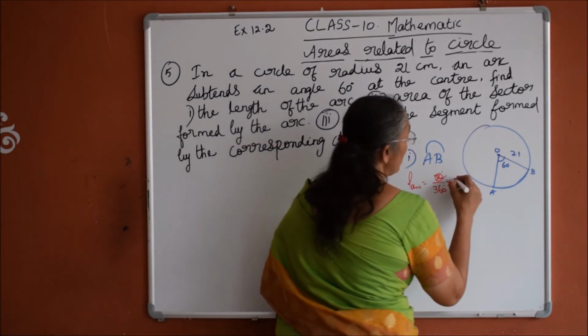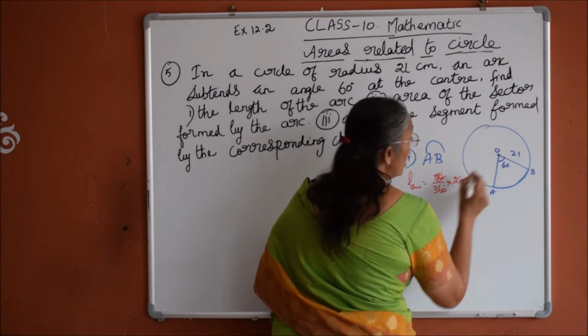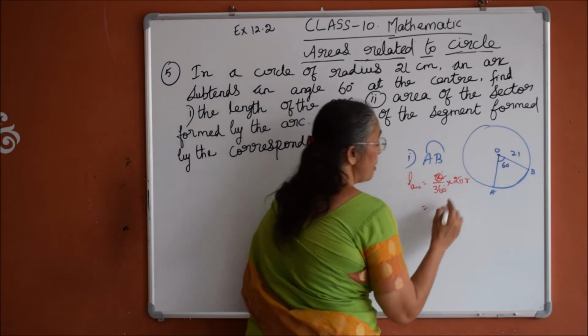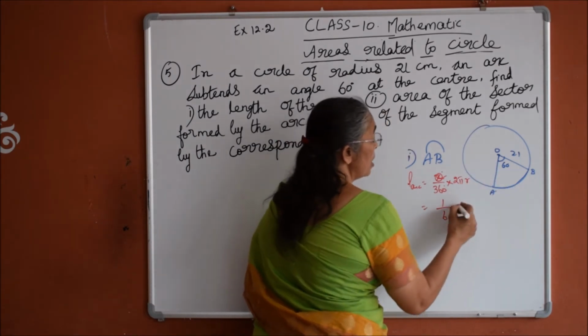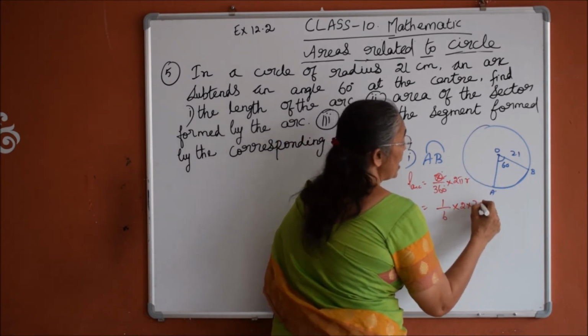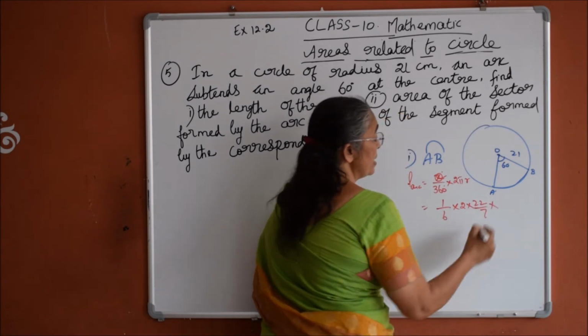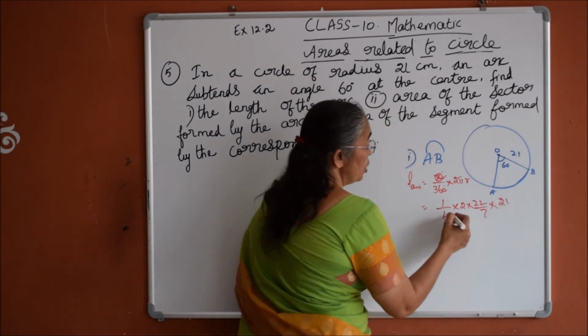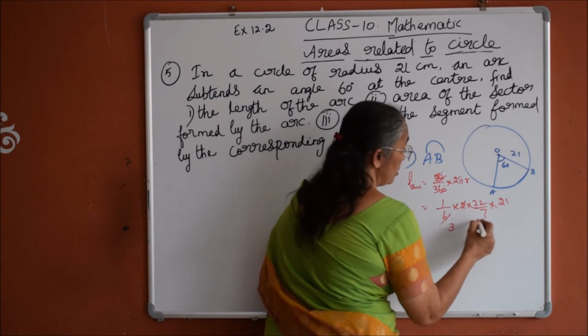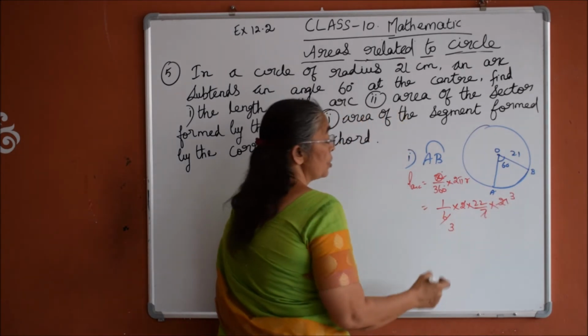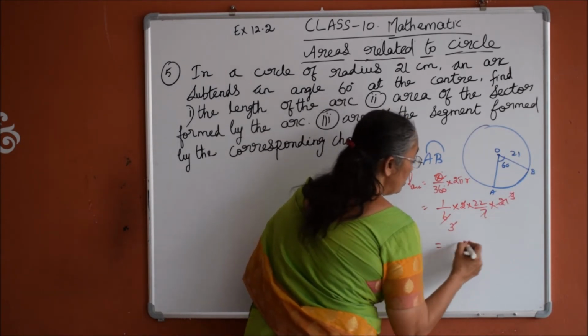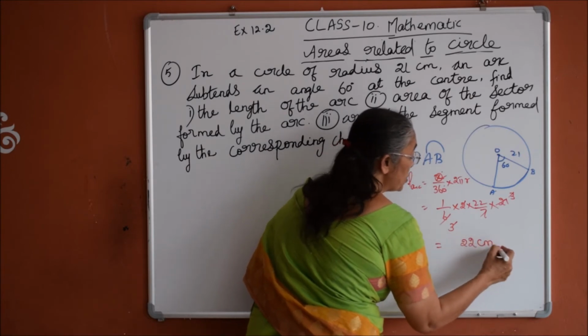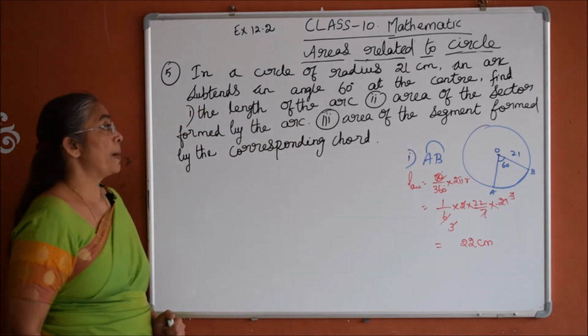Here theta is 60, 60 by 360 is 1 by 6, of 2 times pi, which is 22 by 7, and the radius is given as 21 centimeters. On cancellation, 3 gets cancelled. We will get the length of the arc as 22 centimeters. So the first part is done.